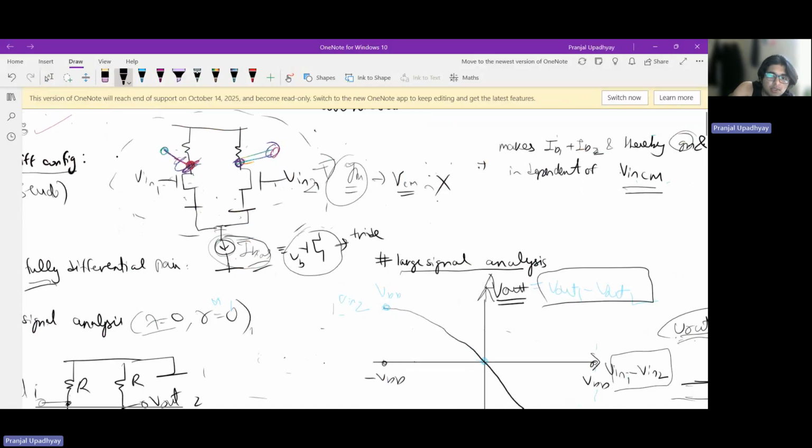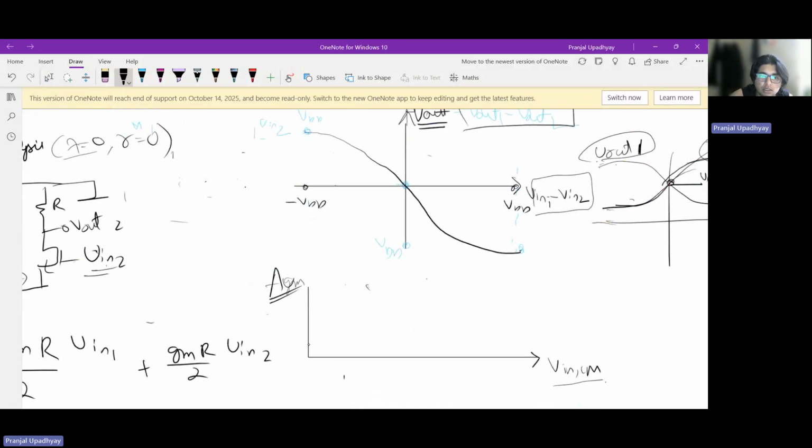So what basically happens is that until both of the differential transistors are on, we find that even our NMOS, our tail current transistor, is not in saturation. So you see that your gain very slowly grows.